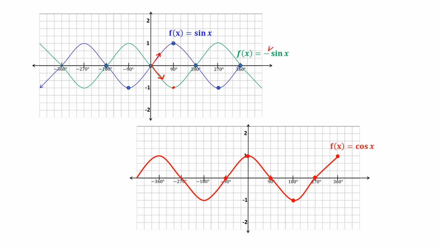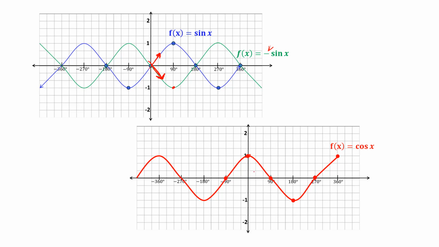So the way you can tell when you're looking at a graph whether it's a sine or a negative sine function: if it's passing through the origin on its way up, it's a positive sine function. If it's passing through the origin on its way down, it's a negative sine function. For the cosine function, it always starts at its maximum when x is 0 or when theta is 0.